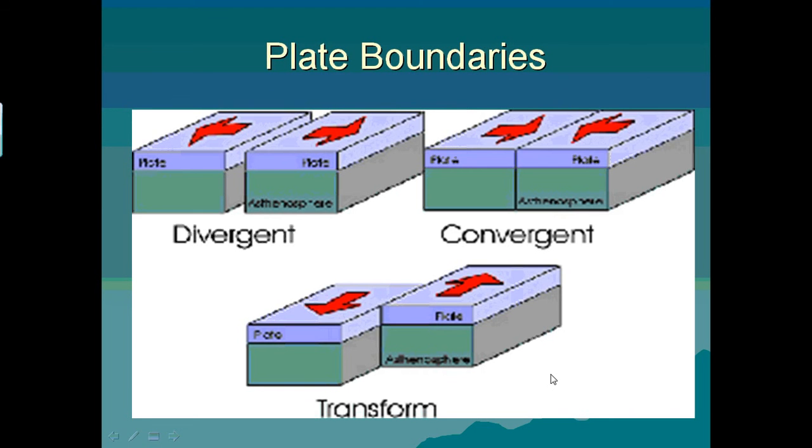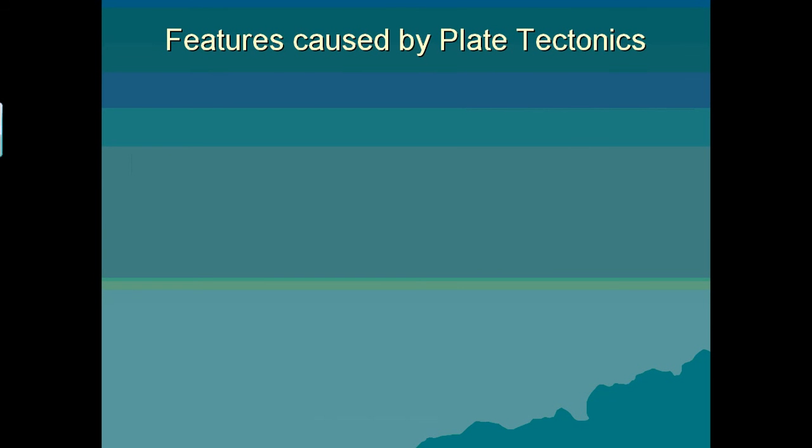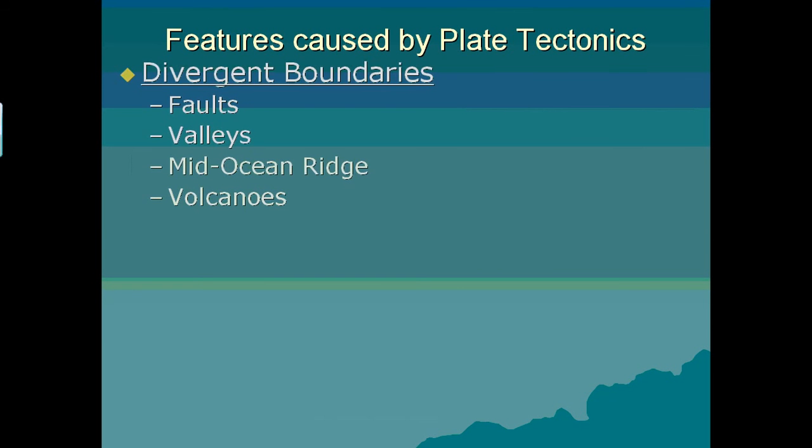Now that we've talked about our three plate boundaries, it's time to review. We have our divergent plate boundaries, which divide or separate, convergent plate boundaries, which collide into each other, and transform plate boundaries, which slide past each other. You also need to know the different features that are caused at each plate boundary.